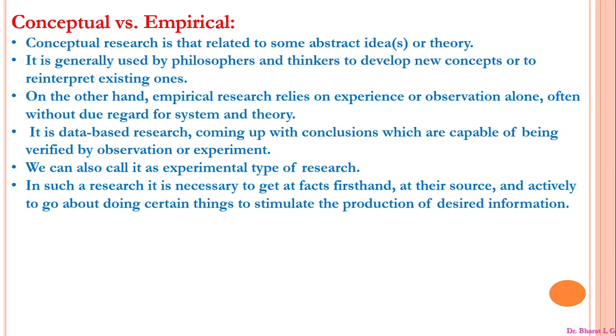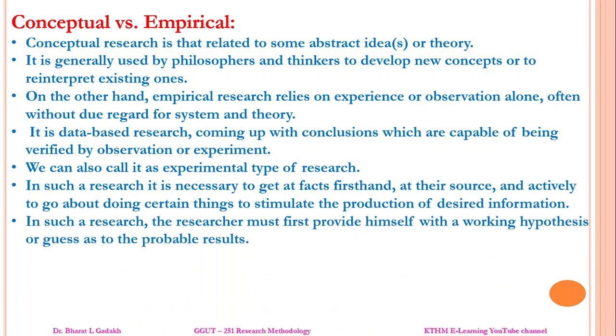In such research, it is necessary to get facts first hand, at their sources, and actively go about doing certain things to stimulate the production of the desired information. In such research, the researcher must provide himself with a working hypothesis or guess as to the problem's result.